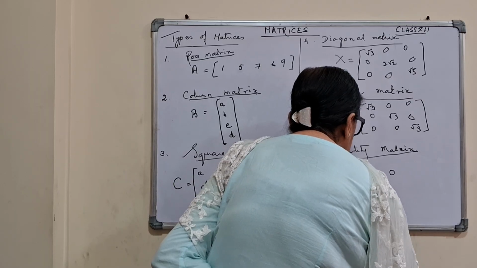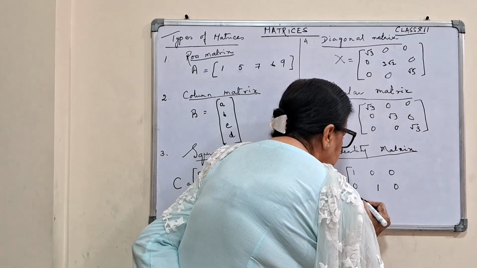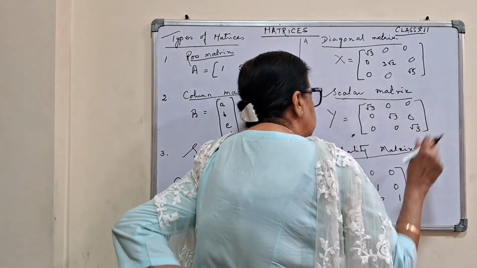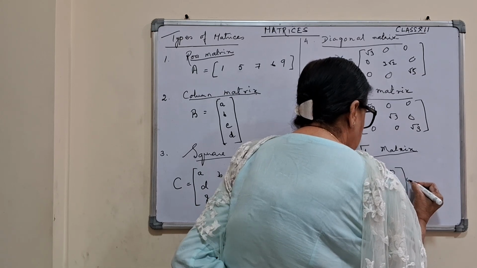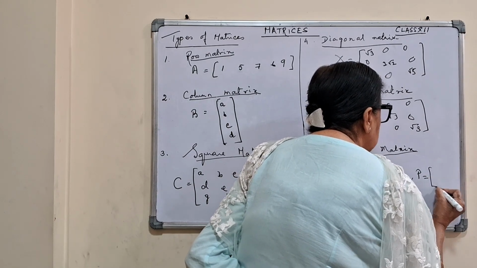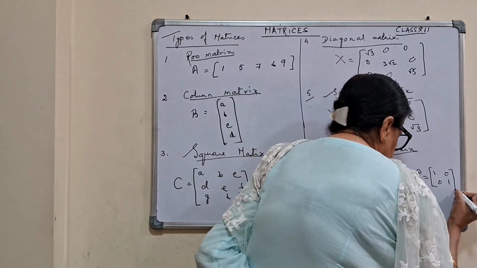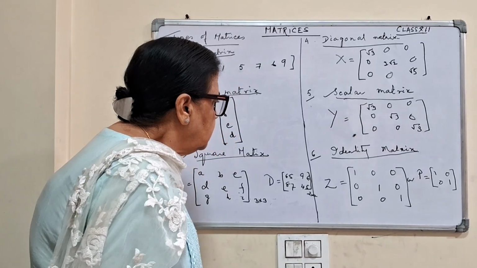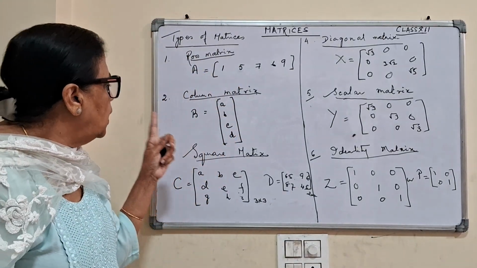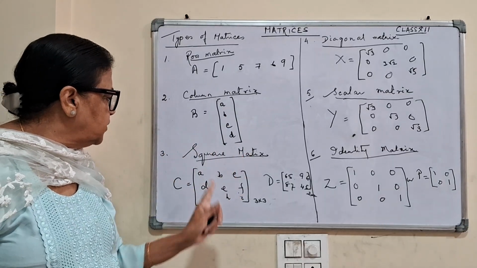Diagonal elements are only 1. An identity matrix can be of order 3, order 2, and so on. Or P is 1, 0; 0, 1. So we have done row matrix, column matrix, and square matrix.